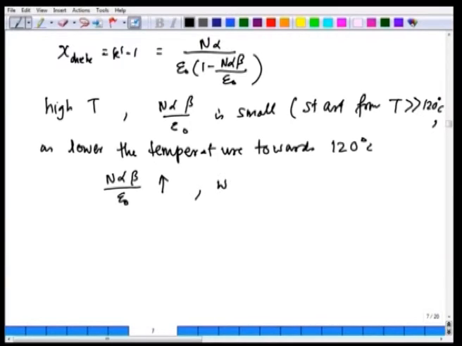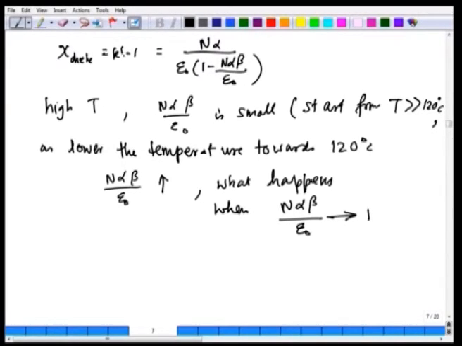What happens when n alpha beta epsilon naught approaches 1? That is an interesting question, because as it approaches 1, this quantity is going to blow up. The dielectric constant will start going towards infinity, because this becomes a division by 0.